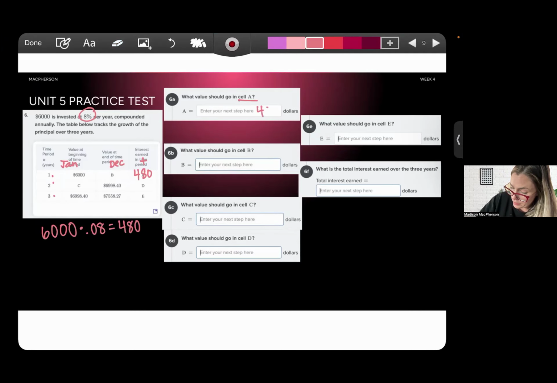This one was 480. Okay, now what value should go in cell B? Well, if we started with 6,000 and then we increased by 480, we're just adding those together. So we get 6,480.